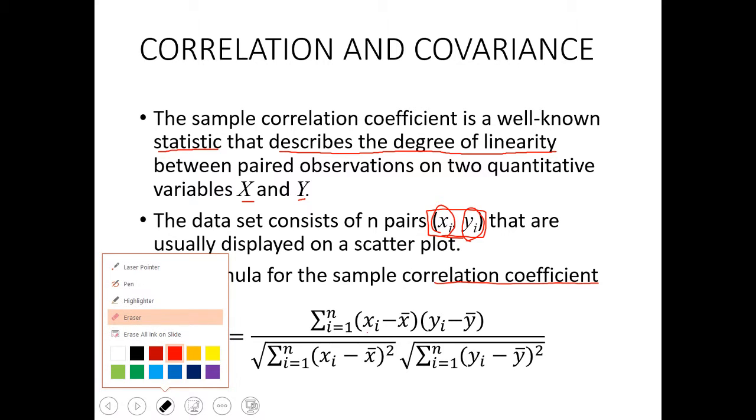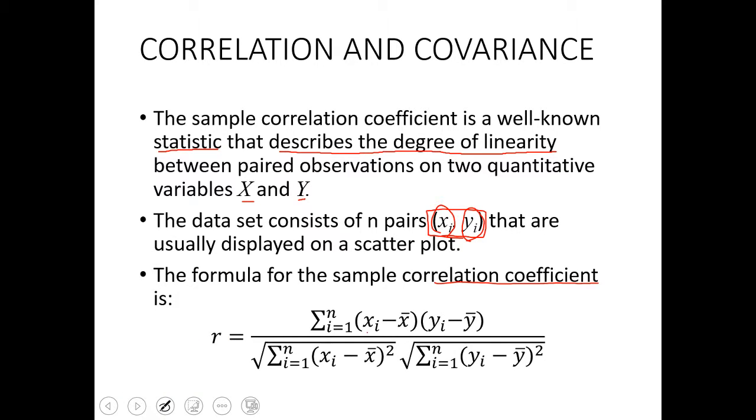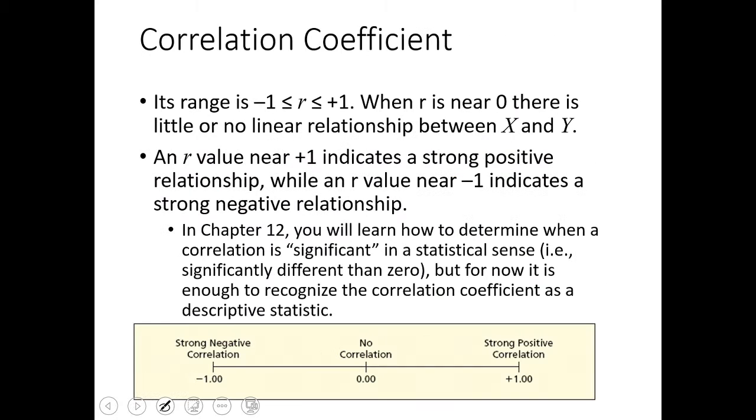This correlation coefficient is the indicator of the dependence between x and y. It is always between -1 and 1. If this correlation coefficient R is near 0, then that means there is no linear relationship between x and y.